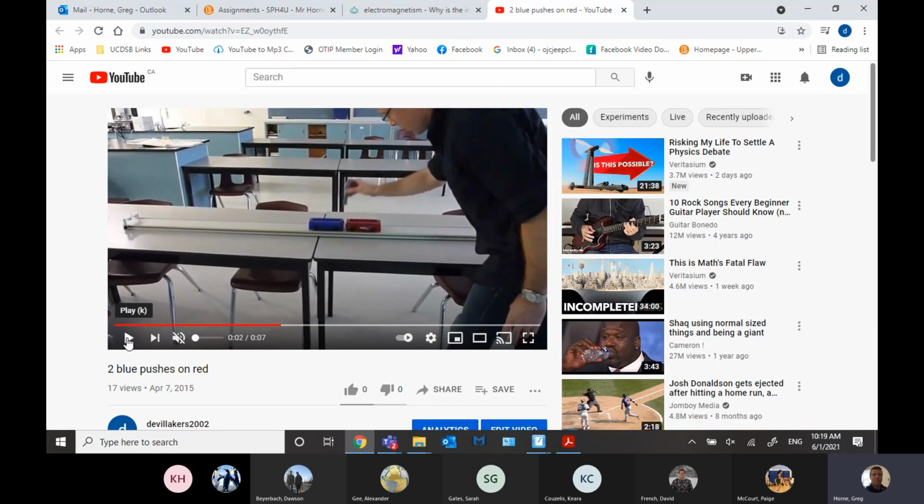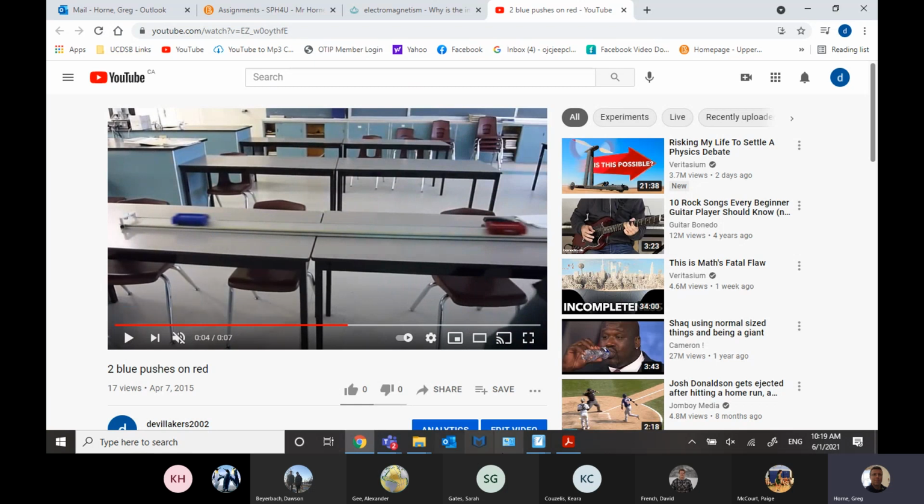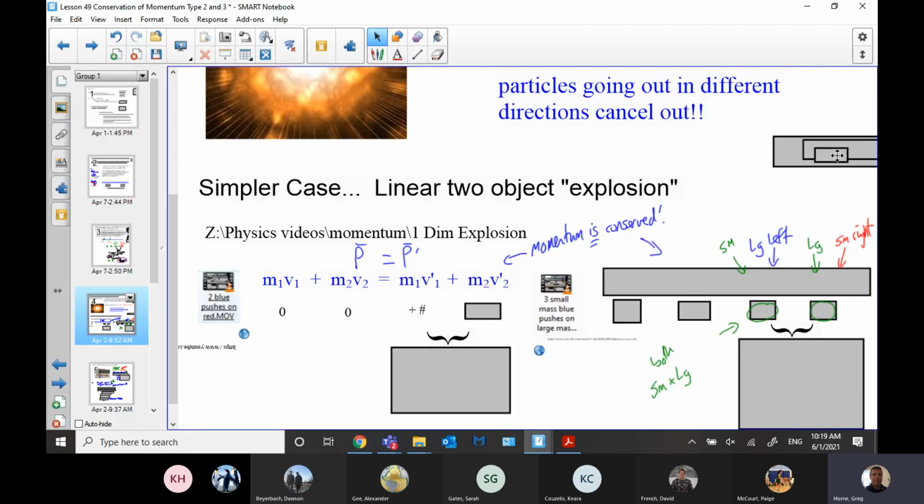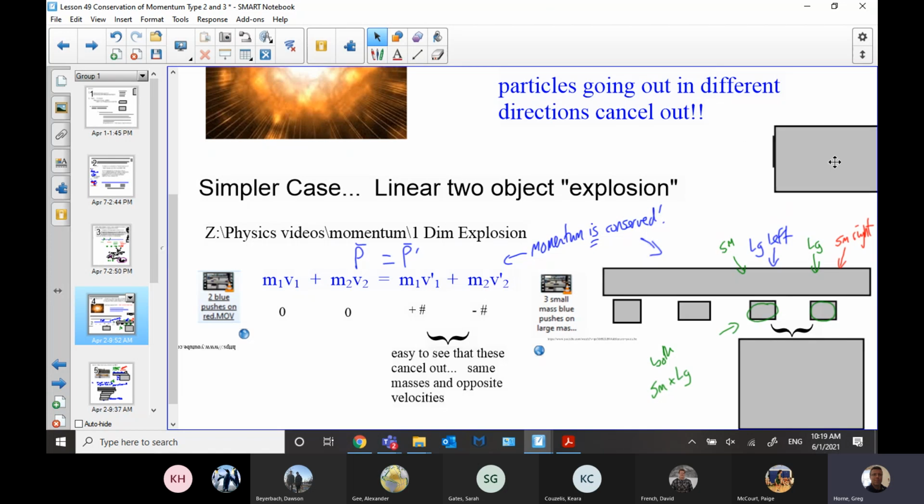So no momentum to start, and then finally on the second push, boom, we've got momentums that are visible, right? And so then we're thinking of one of them in the positive direction, one in the negative direction, whichever way you decide to define the positive direction. It's pretty easy to see that they're going to cancel out. You're going to have about the same velocities in the video, and they have the same masses, so you've got a positive and negative that are going to cancel out.